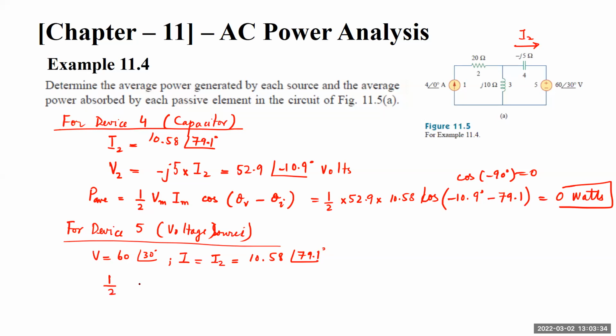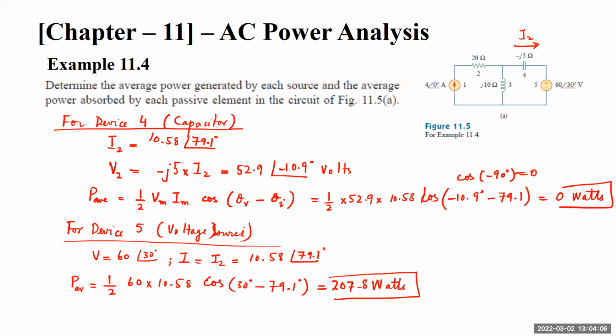So my average power across that source is 60 multiplied by 10.58 cos of 30 degrees minus 79.1 degrees. This comes out to approximately 207.8 watts. So device 5, the voltage source, is absorbing this much power as well.